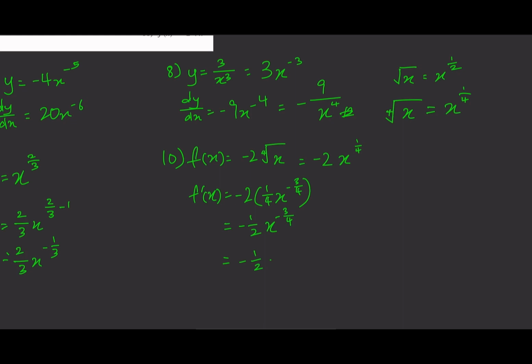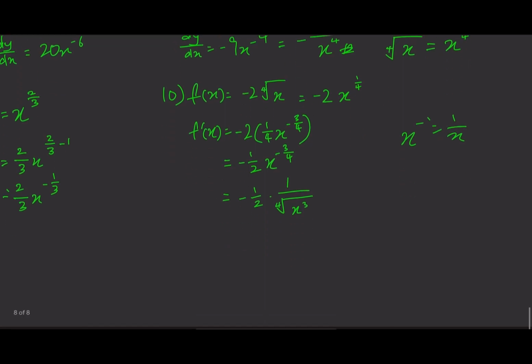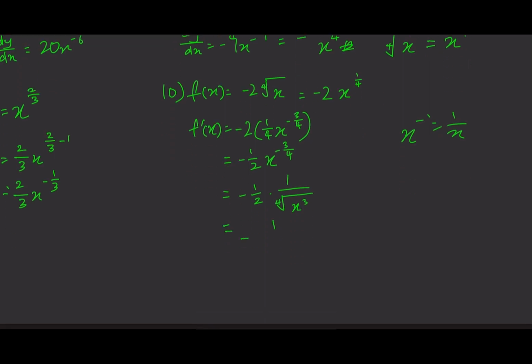Now we have a negative power, and x^(-1) equals 1 over x, so this is 1 over the fourth root of x cubed. So we get negative 1 over 2 times the fourth root of x cubed. This is a bit more complex, but hopefully you get the gist of it.